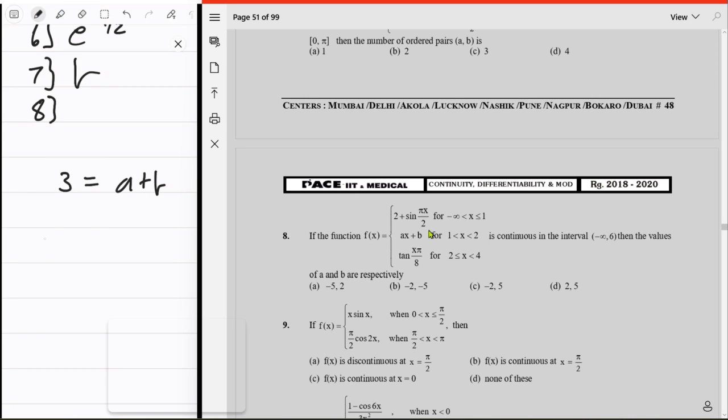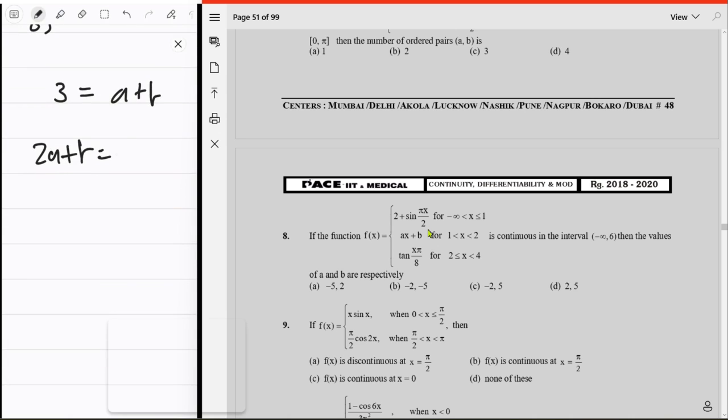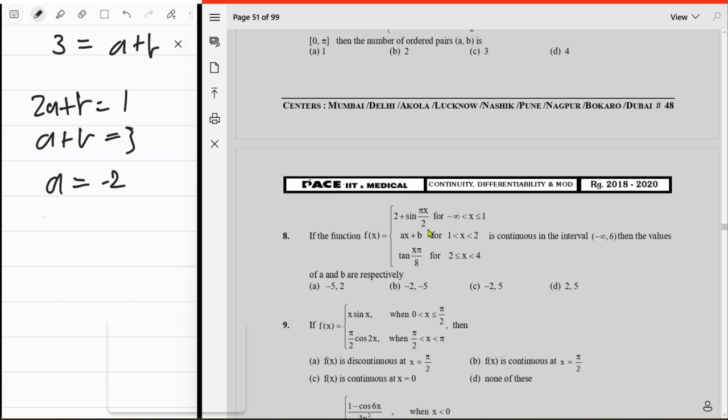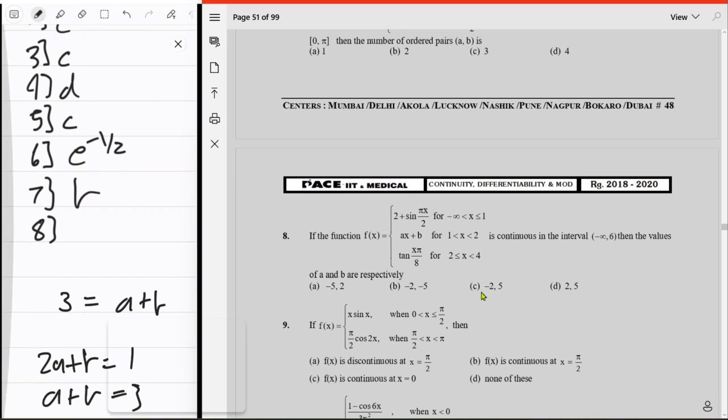And then at 2, it's 2a plus b. That is equal to, just put 2 in there. It's tan of pi upon 4, right? Just 1. It just means 2a plus b equal to 1, and then a plus b equal to 3. Subtract, just get a equal to negative 2, which means that b is equal to 5. So the values of a and b are negative 2 and 5, which is c.